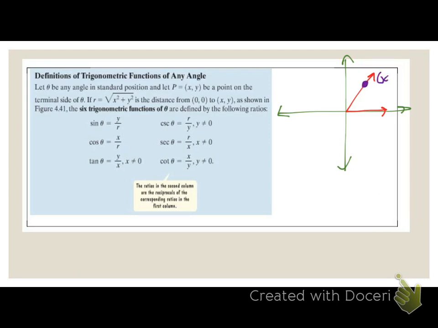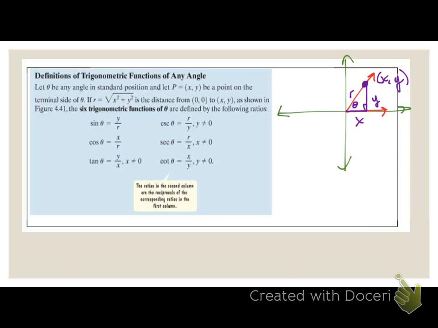So this is a set of coordinates, x comma y, where we know that we have to go over x and up y to plot the point, which does create a right triangle. Here's our angle, right? And then this is going to be the radius of some circle that corresponds to that angle with that terminal side length. Okay?